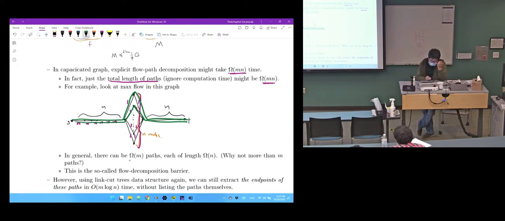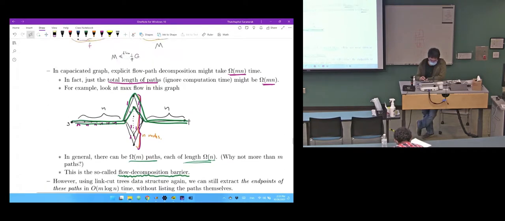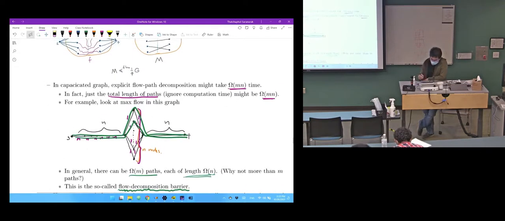In general, there can be as many as m paths, and the path length can be as long as n. This is the so-called flow decomposition barrier. Do you see why this is not really a real problem for us?